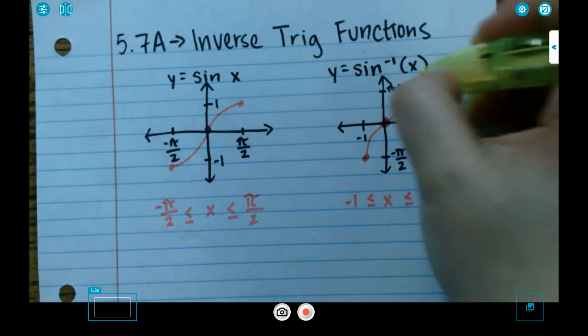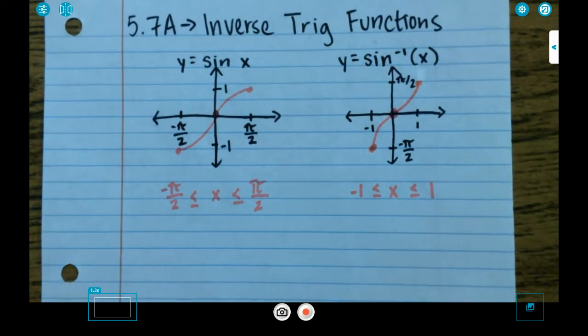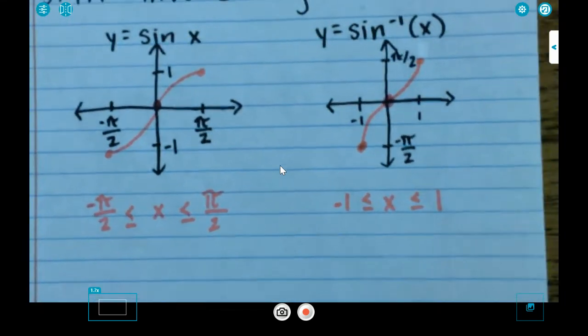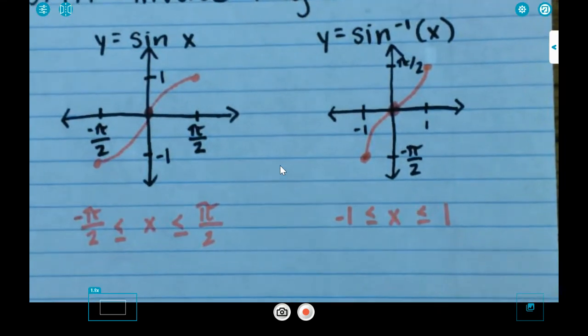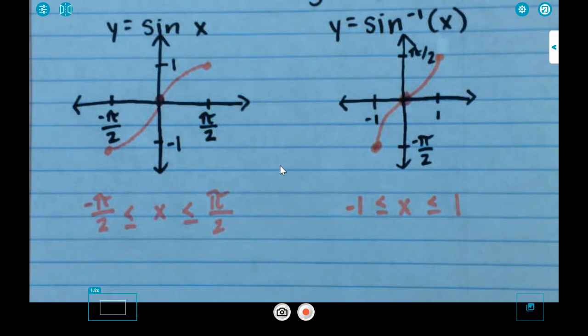And for our exact values, we'll make a table here in a second. Basically, what we're doing is we are saying, when does sine equal negative 1?